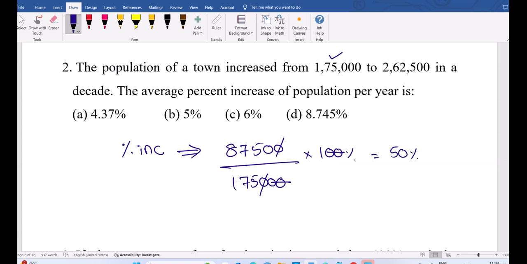So the increase is 50% in how many years? A decade means 10 years. Then the average percentage increase is the percentage increase divided by the number of years, which gives 5%. The overall increase is 50%, but per year they are asking, so 50% happened over 10 years. Now per year is what we have to calculate.